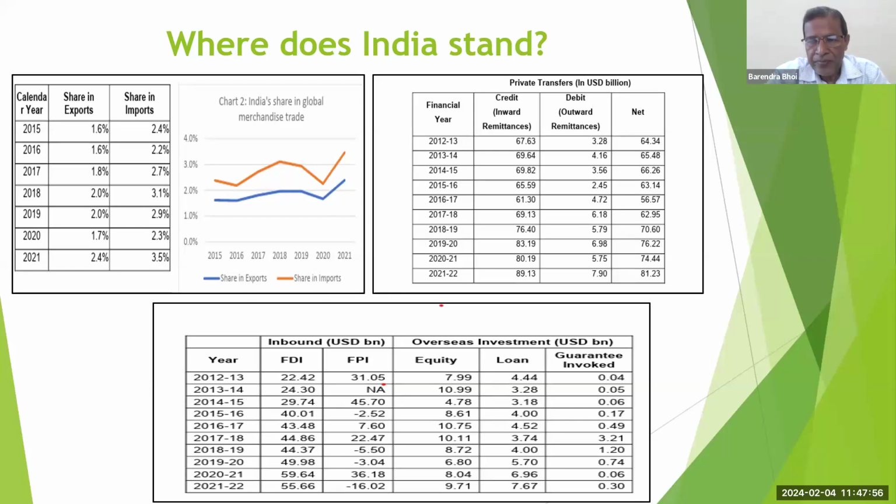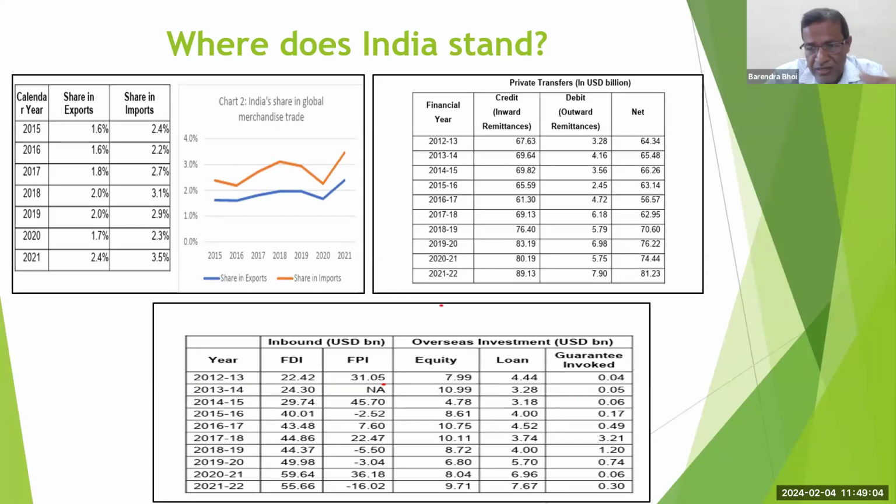US is the biggest exporter in the world. That's why demand for the Chinese yuan is very high rather than India. Our export as a percentage of global export is rising, but very slowly. If you see the import, it is hardly 3.5% of merchandise trade.